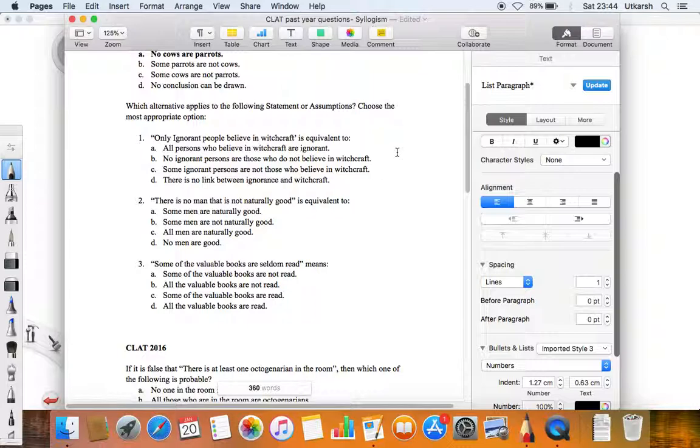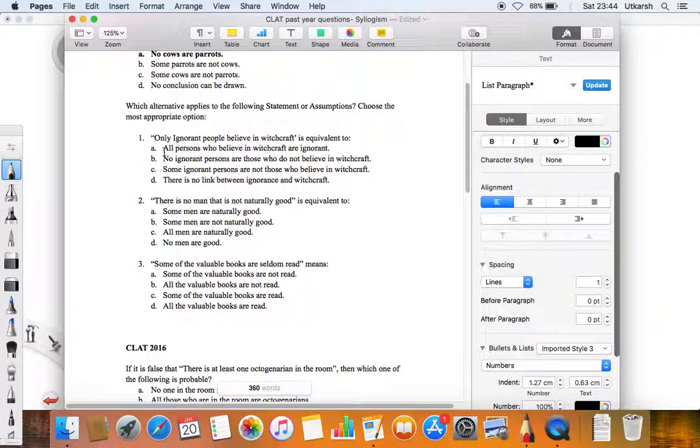Okay, this is also correct. But this is difficult to guess, right? Because we don't know whether all ignorant people believe in witchcraft or not.